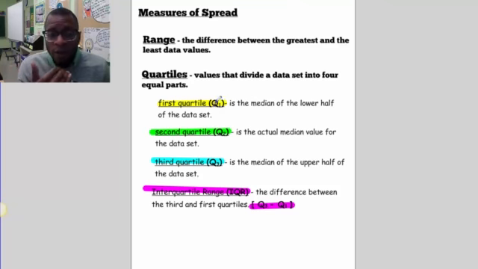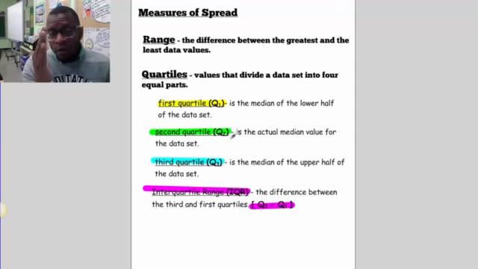And your first quartile, denoted Q1, is the median of that lower half of data. And we're going to look at an example in just a moment to see how we actually do this. But I want to just go through the actual vocabulary that we need to know before we start looking at an example. Okay? And your third quartile, denoted Q sub 3, is the median of the upper half.